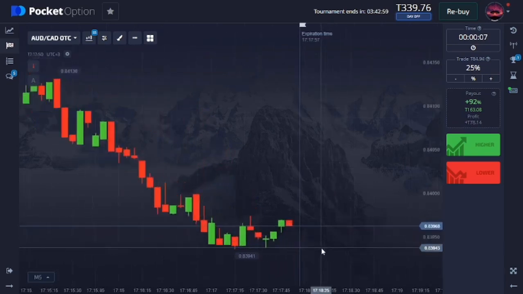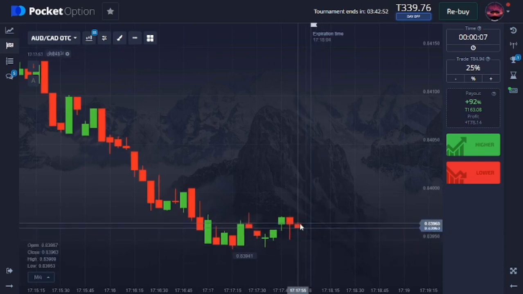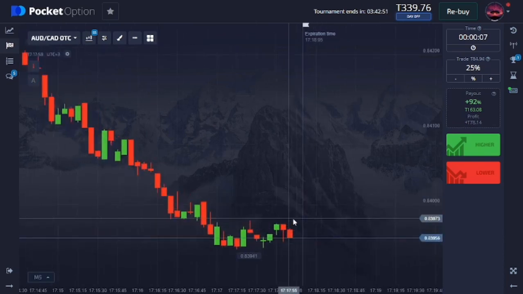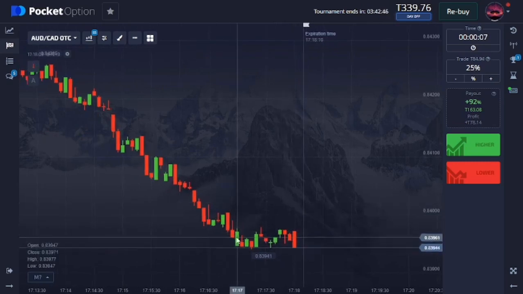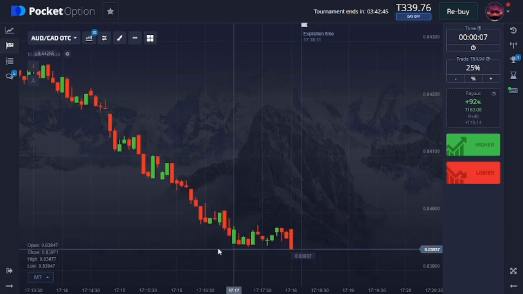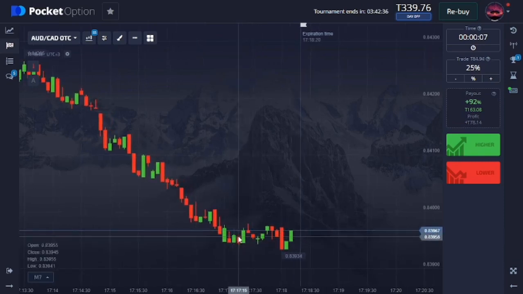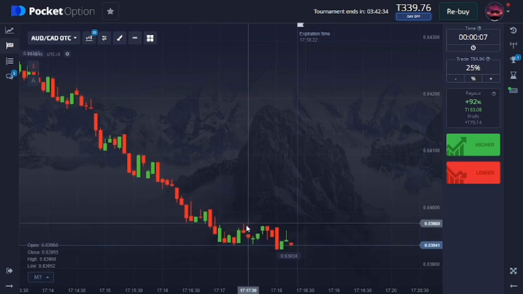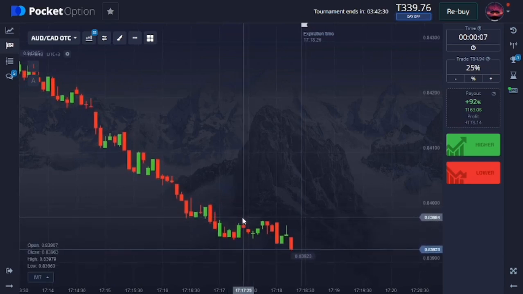Okay, I like this kind of patterns because they always end up reversing. They will reverse. These kind of patterns are called wyckoffs. There will be a preliminary support and then a swing low that will not be violated for a period of time, and then we will have some kind of swing high forming.